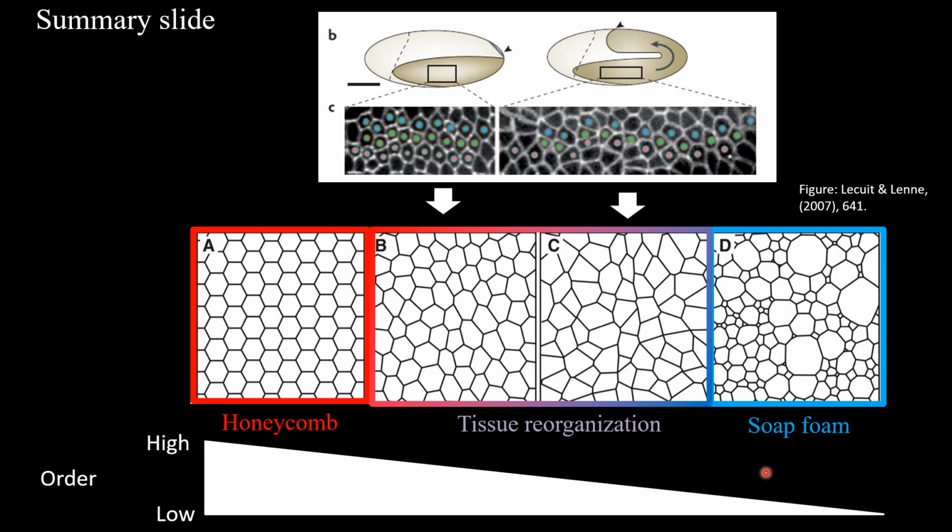If you put a scale of order here, the highest order would be the honeycomb pattern, and the lowest order would be the soap foams. The reorganization of this tissue is a process in between.